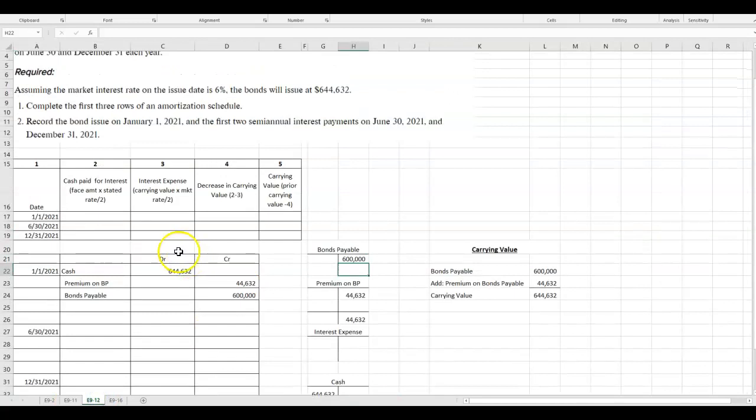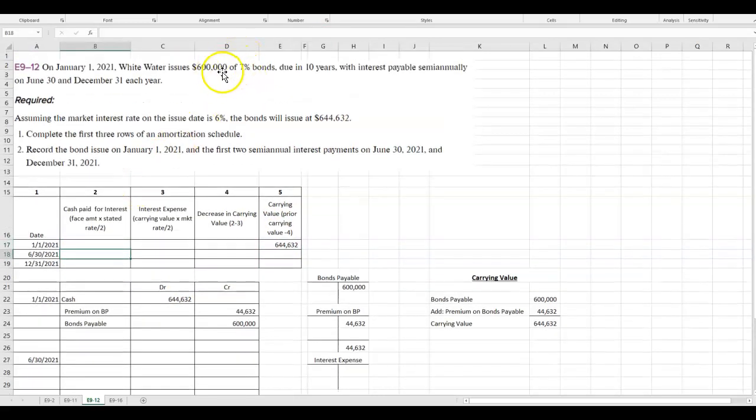So we need to do the interest payments, but we need to do the amortization table first. So our beginning carrying value is 644,632 because that's what we issued them for. Cash paid for interest, well, it's still 7% or 3.5% for 6 months of 600,000.